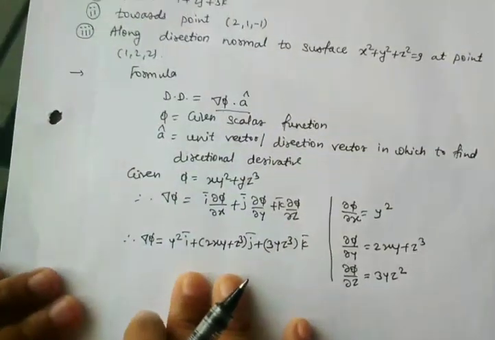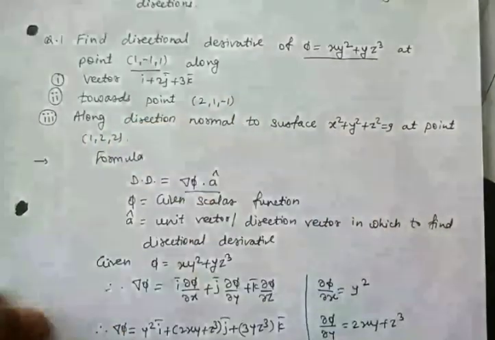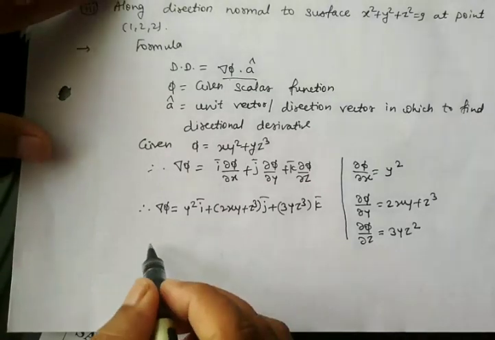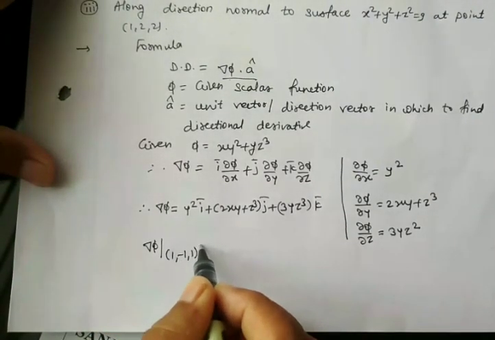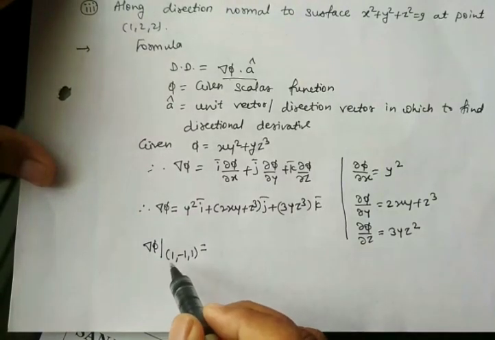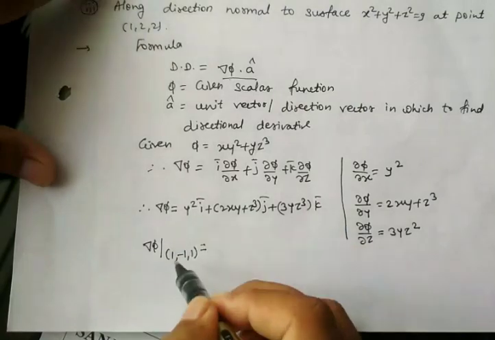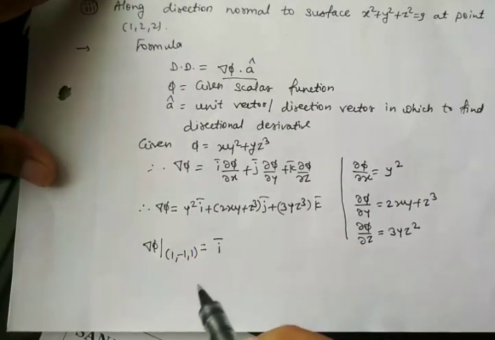Now according to the question, we have to find the directional derivative at point (1, -1, 1). So here we just find the value of del phi at point (1, -1, 1). That means put x equal to 1, y equal to -1, and z equal to 1 here. When you put y equal to -1, we will get y square is plus 1 into i bar.